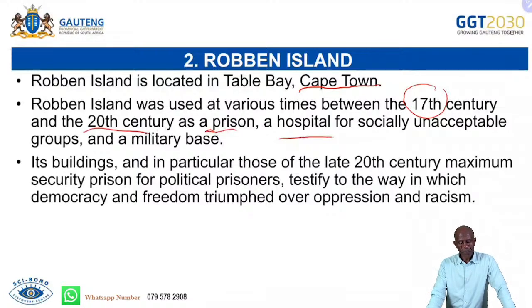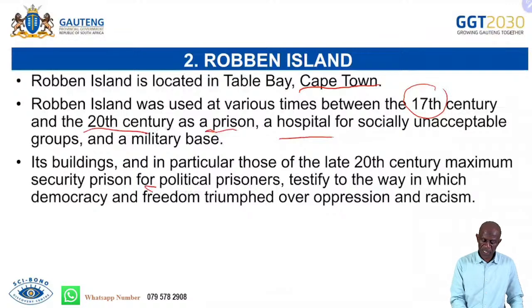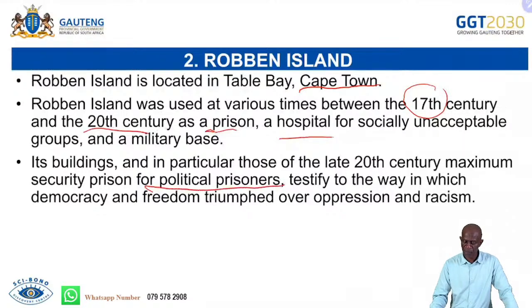So its buildings, and in particular those of the late 20th century maximum security prison for political prisoners, testify to the way in which democracy and freedom triumphed over oppression and racism, which I've just explained earlier on. Right. So it says political prisoner. I will cite one example.